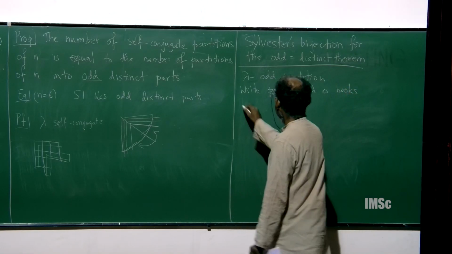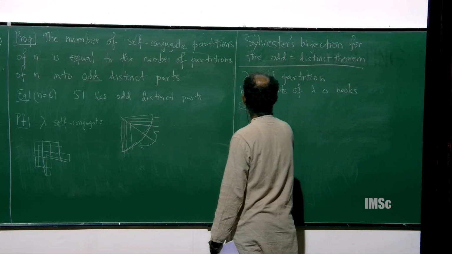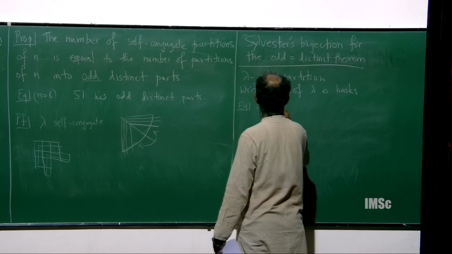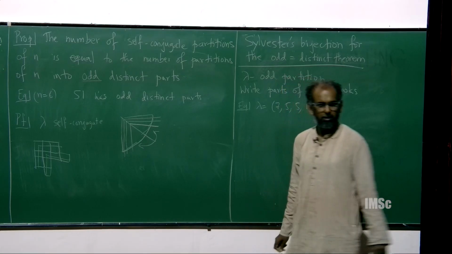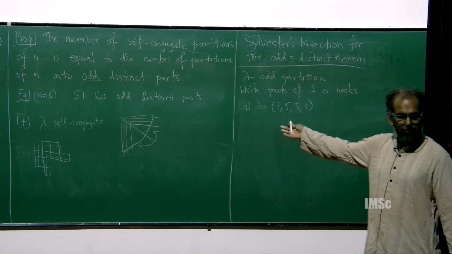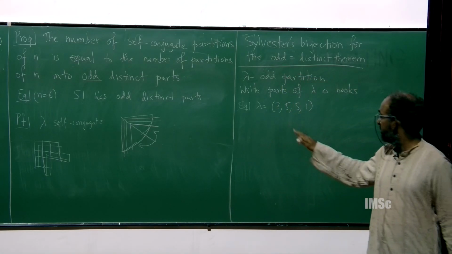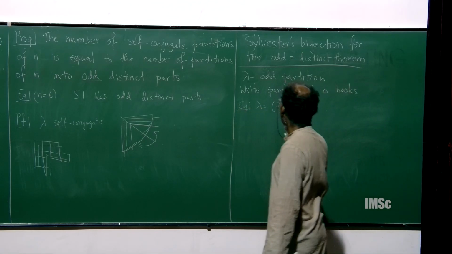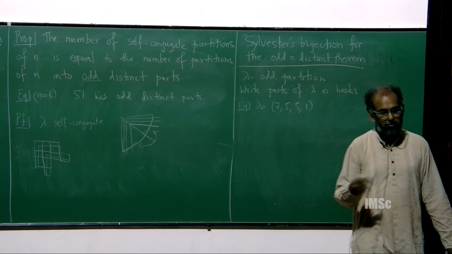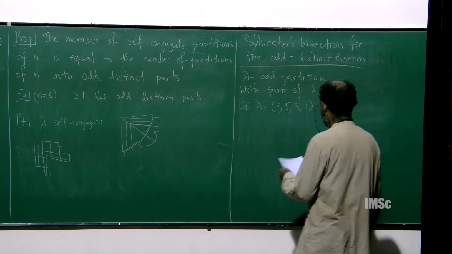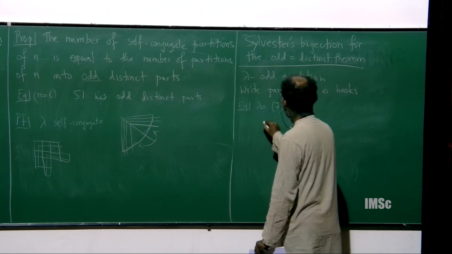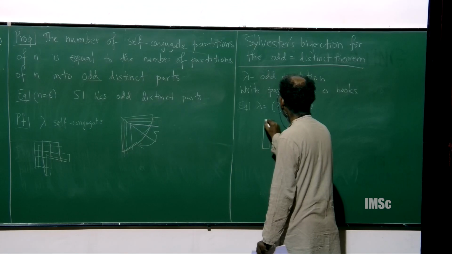For example, let's take lambda equals 7, 5, 5, 1. There can be repeats, right? This is not this theorem. This is number of partitions with odd parts equals number of partitions with distinct parts. So what you do is you write hooks. Let me just show you on this example.